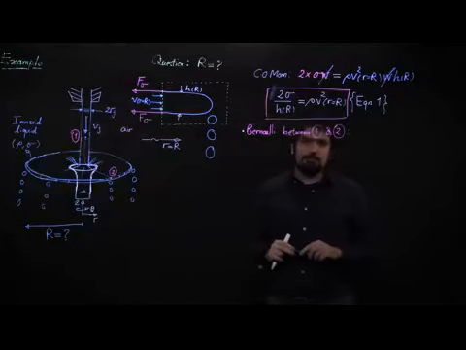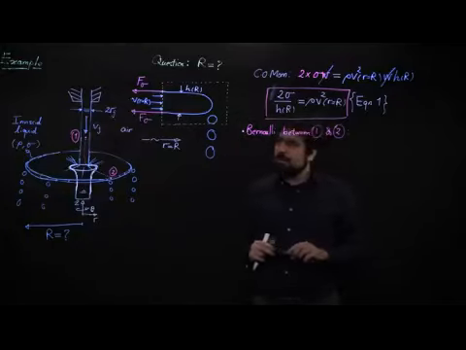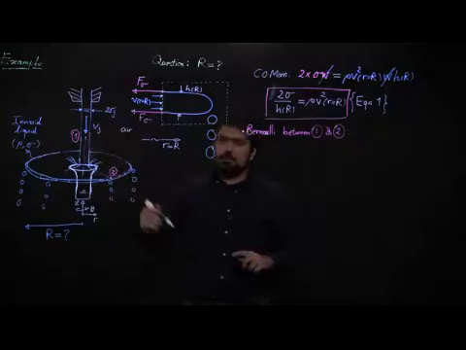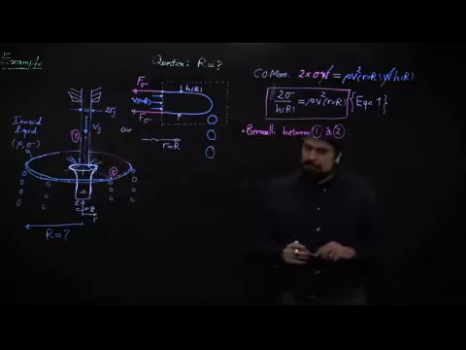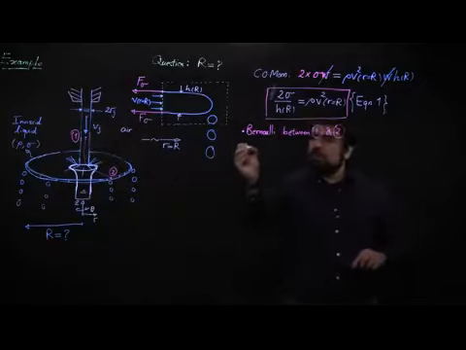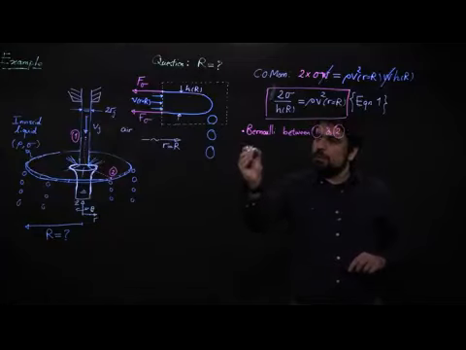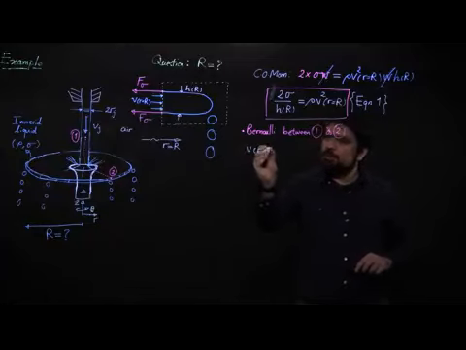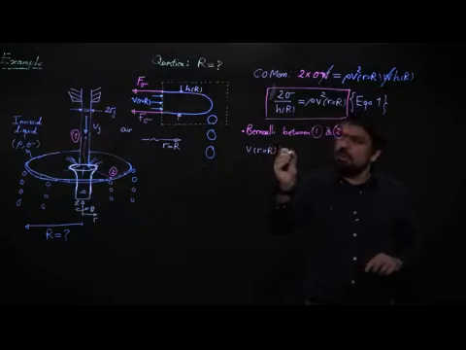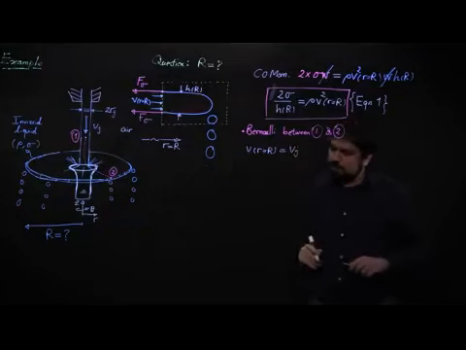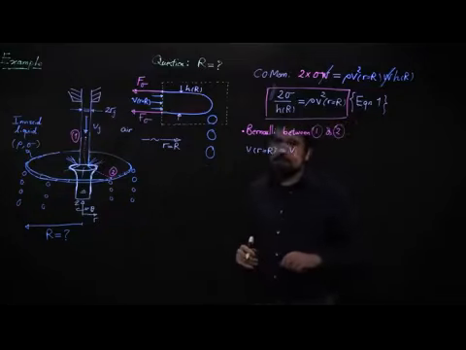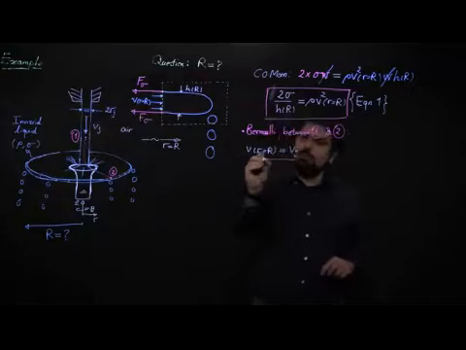So P plus half of rho V squared should remain constant. And on this streamline, the conclusion would be velocity should remain constant everywhere, which would give us V at a position r equal to r should be exactly the same as velocity of the jet Vj. So that's one relationship that we have.